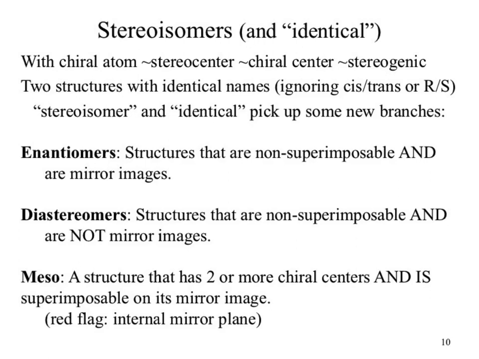Enantiomers are structures that are non-superimposable on their mirror image, or are mirror images. Okay, so enantiomers are chiral. Okay? Diastereomers is a relationship between two structures that are non-superimposable as well, but are not mirror images.